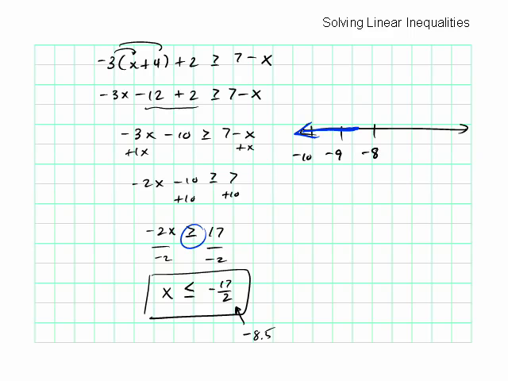And we are not including, oh no, we are including, because of the little equality here, we are including that number, so I want a bracket there at -8.5. Interval notation, over on this end, we're out at negative infinity to -17/2, parenthesis, and bracket. There's our answer in interval notation. Okay, let's try another.